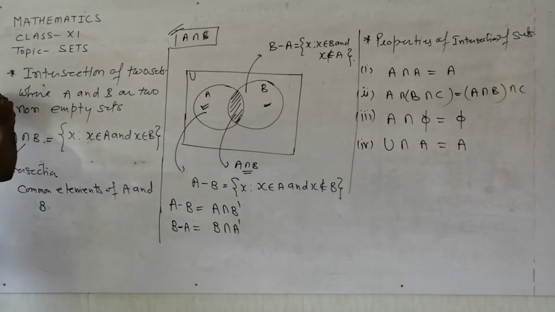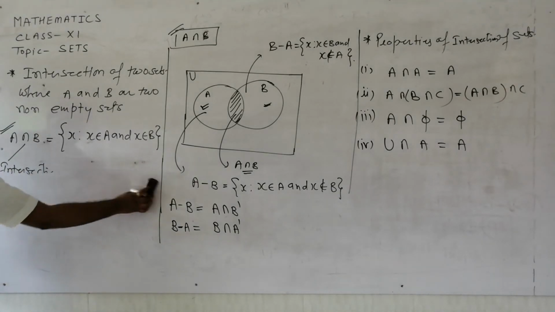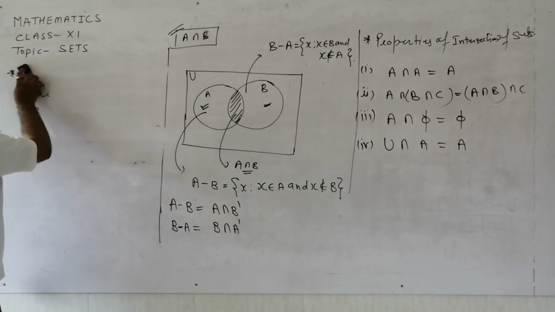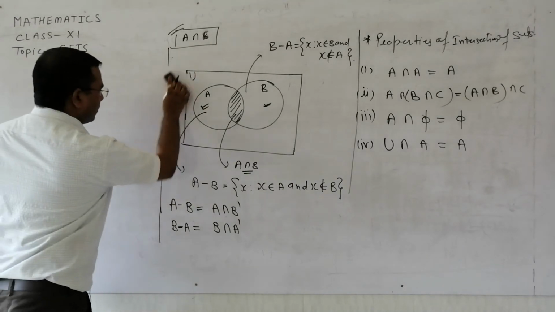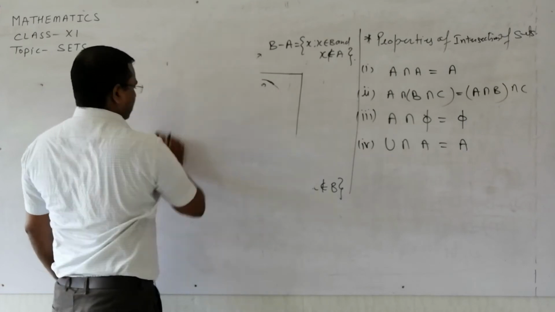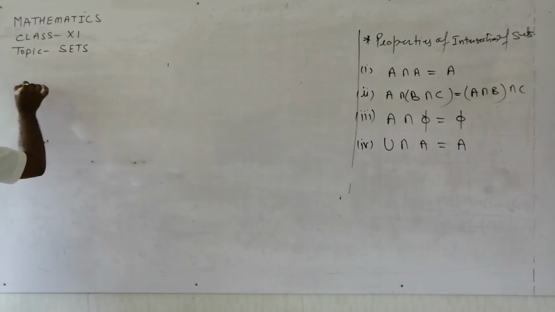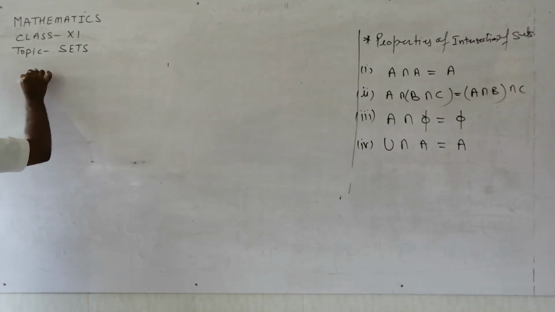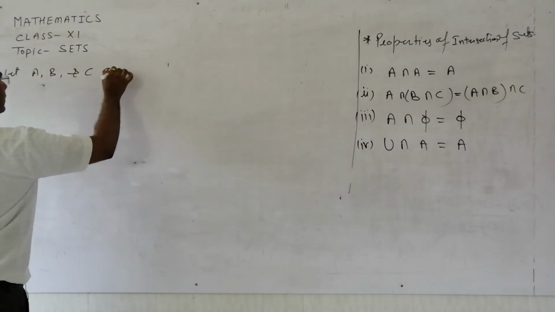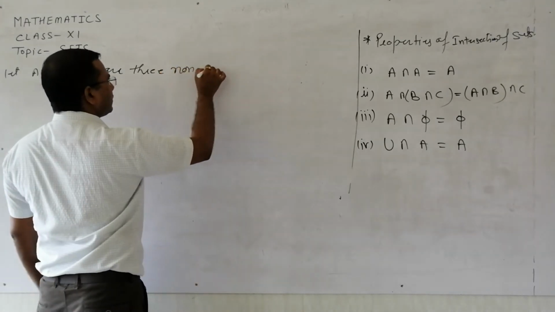So in this way, the Venn diagram helps us to set up the relations between the sets. If we are talking about three sets, see student, if we are talking about three sets, let A, B and C be three non-empty sets.